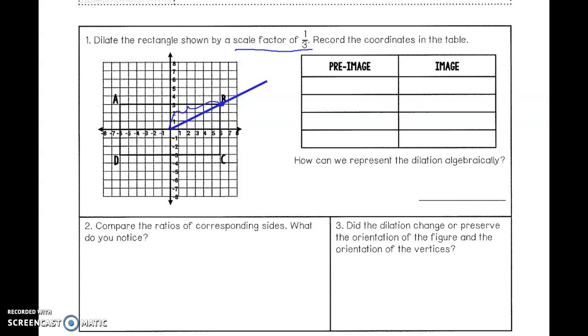If I'm dilating it by a scale factor of 1/3, remember this is less than 1, so it should get smaller. Not just smaller, but we want to think of it as being pulled closer to the point of dilation. If we were to break this up into thirds, we're going to pull it 1/3 away. So it's not just the distance from 0.